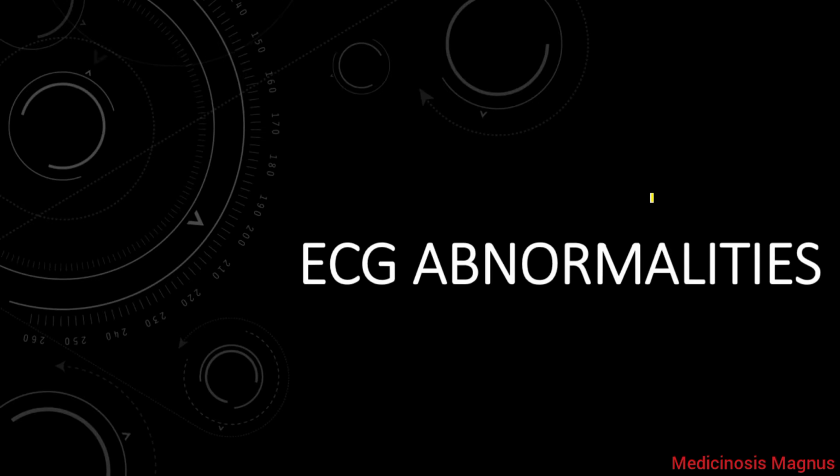Then we'll see each of the problems separately and I'll tell you about the history by which the patient would present and the ECG findings that can be found in that abnormality, and then I will also tell you the treatment for that abnormality, because usually in the exams there is a case question given and the ECG strip is shown to you, then the treatment part is being asked as a question. So we will also learn in that way so that it will be easy for us to approach the questions.